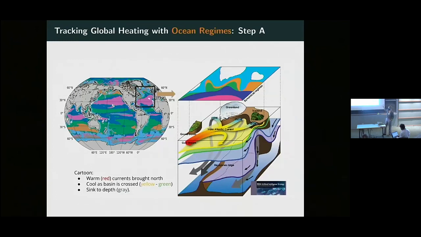And here the currents that we see are this Gulf Stream that heads north along the east coast. The waters are then brought across the Atlantic Basin to cool and sink. And these map really nicely onto these different dynamical regimes.